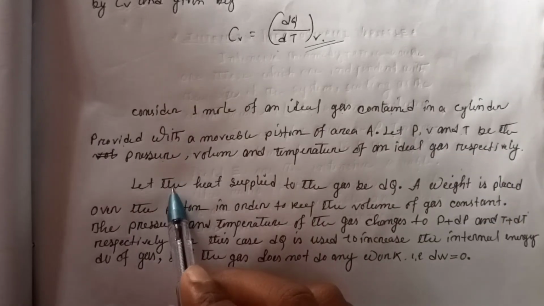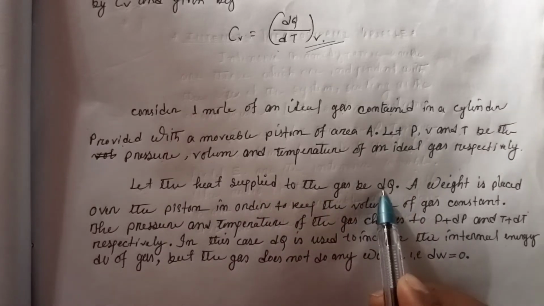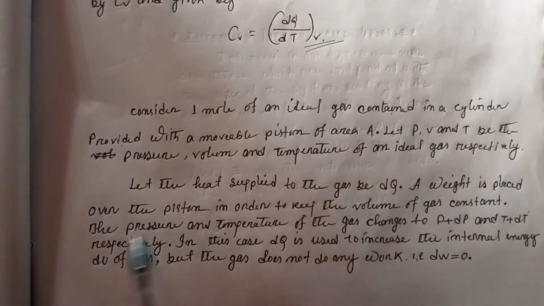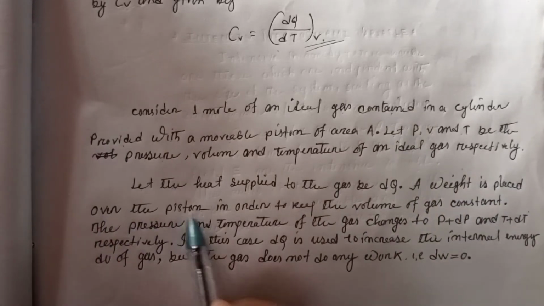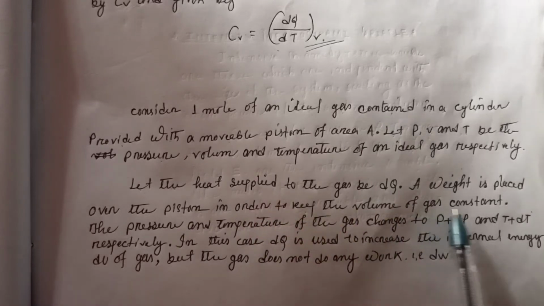Let the heat supplied to the gas be dq. A weight is placed over the piston in order to keep the volume of gas constant.